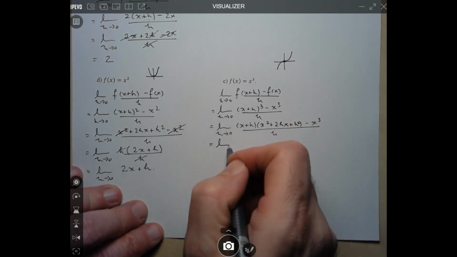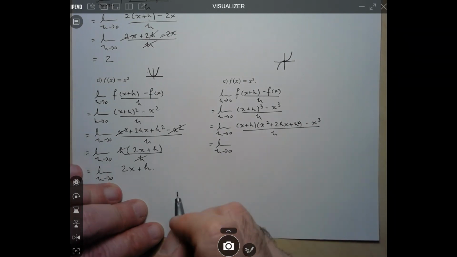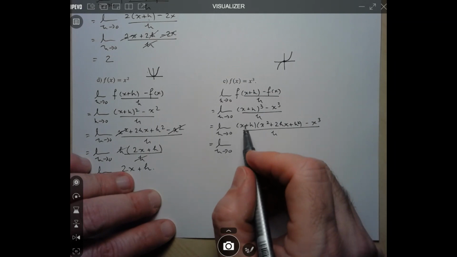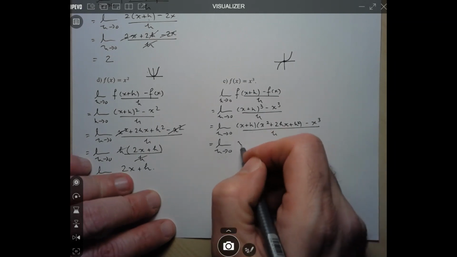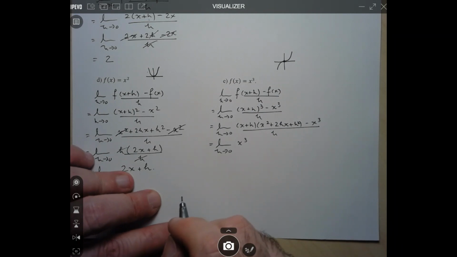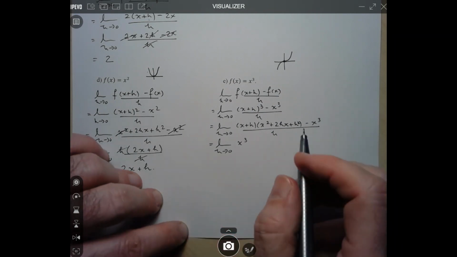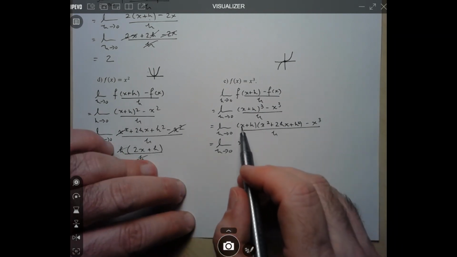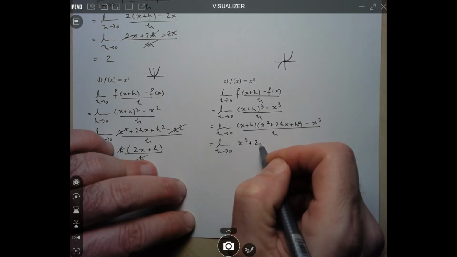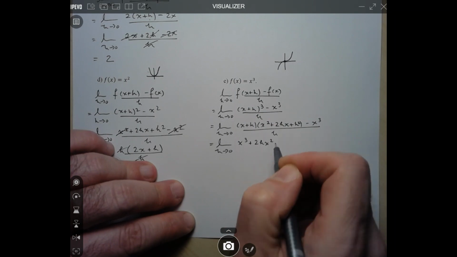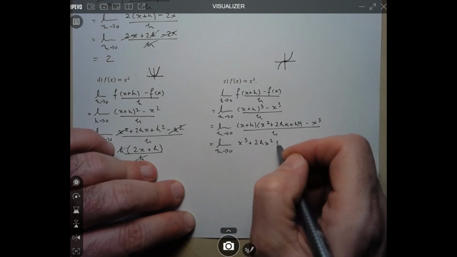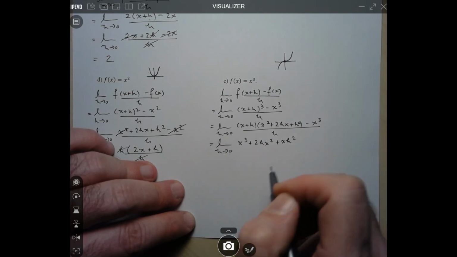And now this is where we're going to try to be very, very careful as we're expanding this. So we have x times x squared. There's going to be x cubed. That's our only cube term. Let's take our time here just to make sure we don't make any mistakes. So x times 2hx is going to be plus 2hx squared. x times h squared is plus xh squared.